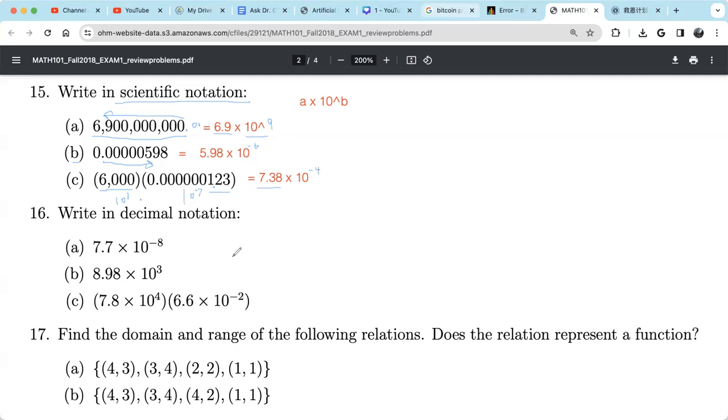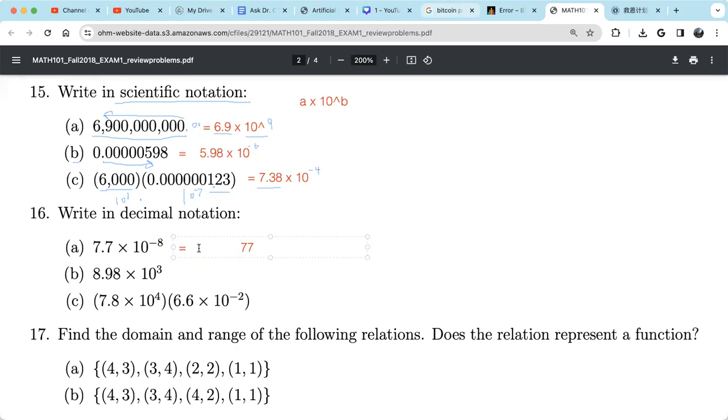All right, let's see 16. For 16 we have numbers in scientific notation, so we want to write them as a normal number. So let me leave some space. I have 7.7, right? I start with 7.7 and 10 raised by -8.